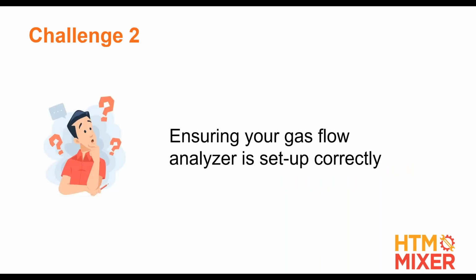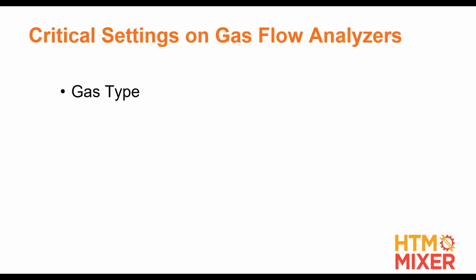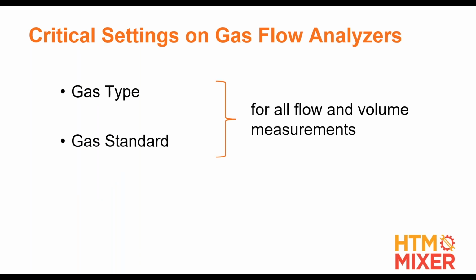Okay. So challenge number 2, of course, is making sure that our analyzer is set up correctly. Okay. And here's where we start getting into a little more technical stuff. But we have to make sure we're using the right gas type, the right gas standard. Those are all used for flow measurements and volume measurements. Trigger settings, so that we can trigger on the breaths that we're trying to measure.